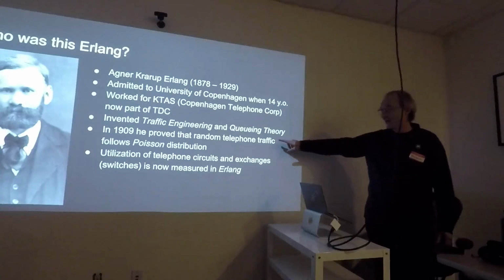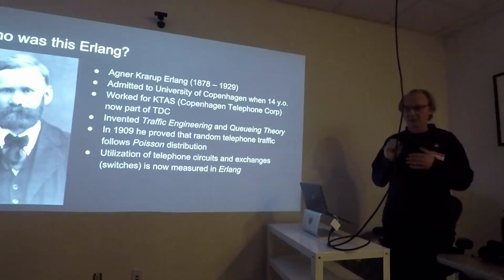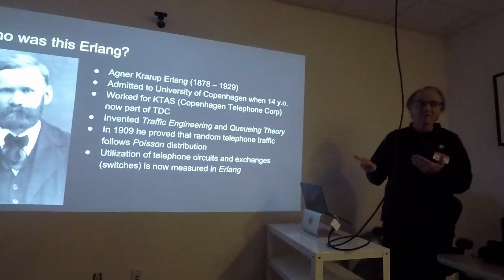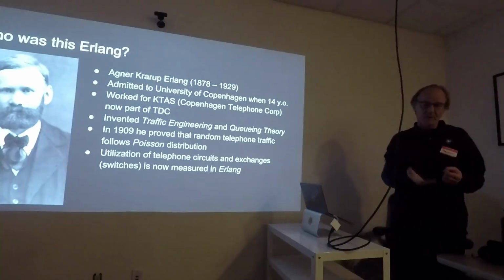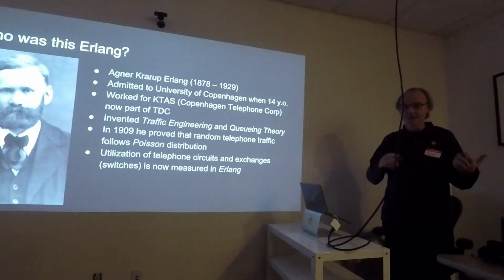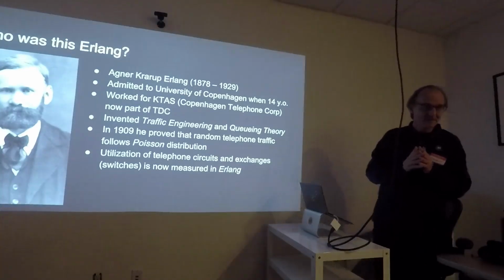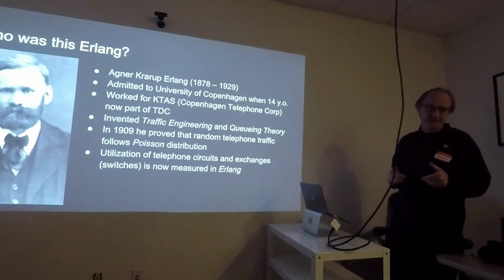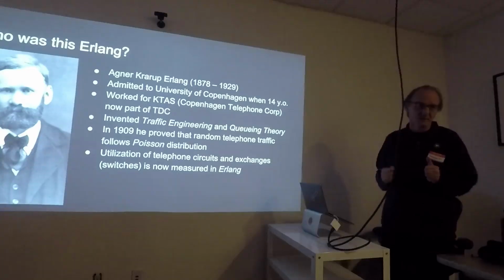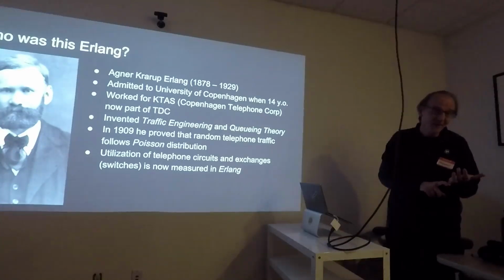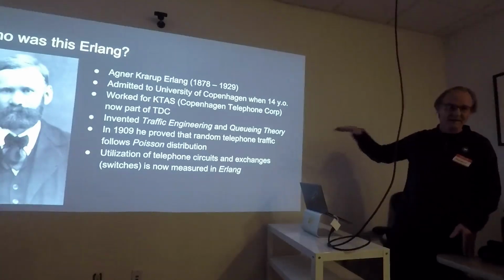For example, in 1909, he proved that telephone traffic, and actually a lot of other traffic where people come in at random, follows a Poisson distribution. Queuing traffic, like going to a checkout counter. Exactly, checkout counters, barber shops, whatever, and the web, by the way, and the phone systems in particular. And that's where he figured it out.